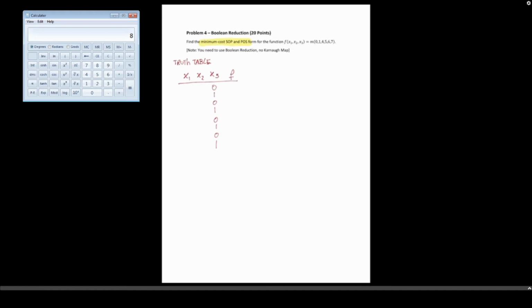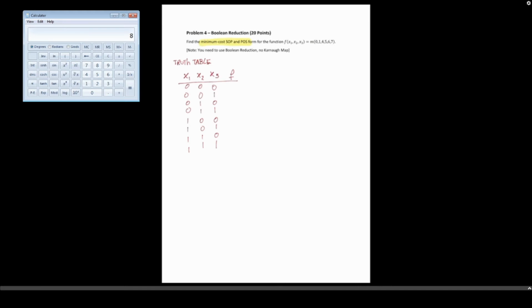So you get 0 1 0 1 0 1 0 1, 8 times, and then this one changes every 2. So 0 0 1 1 0 0 1 1, and then the last one, the most significant bit, is the one that changes the last, and you're going to have 4 zeros and 4 ones. So 0 0 0 0 and 1 1 1 1.